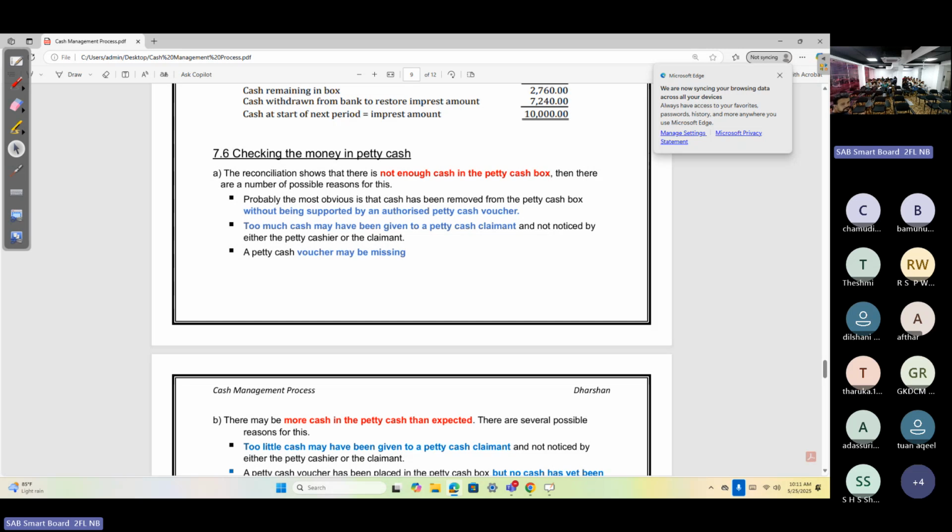As per your records, too much cash has been given and it has been recorded by the accountant in the books. The petty cash voucher may be missing. Earlier, the petty cash voucher had not been raised. This one, the raised petty cash voucher has been missed. Because of that, we have not recorded it in the petty cash book.